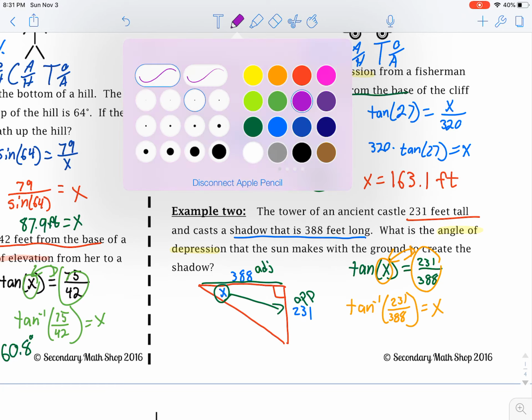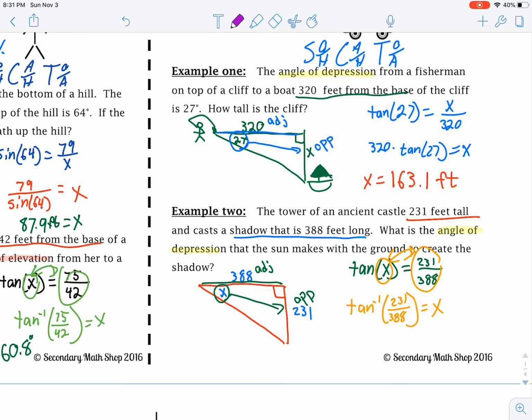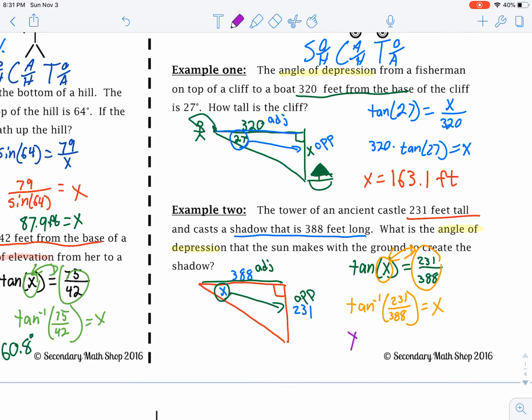Go ahead, type this into the calculator. Give you guys a second for that, and tell me what you get. Well, you can't tell me, but you can at least write it down. All right, you should get x equals 30.7 degrees. Okay, because we're measuring an angle there.